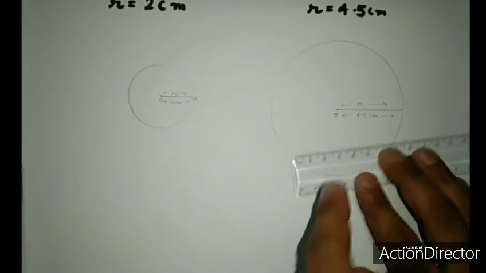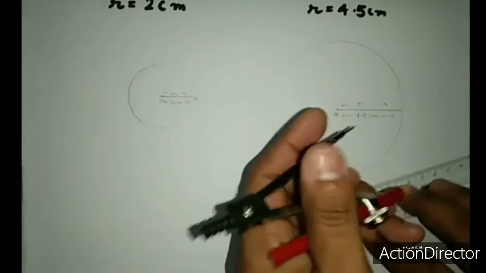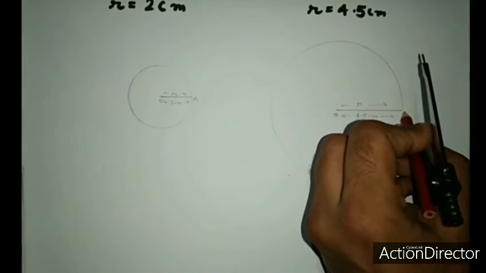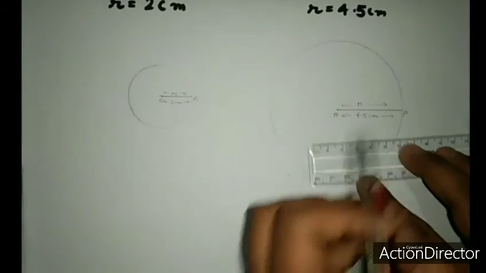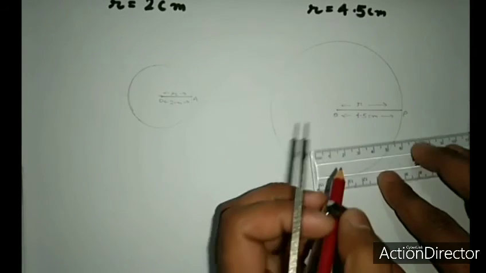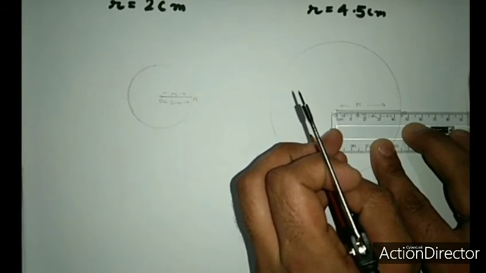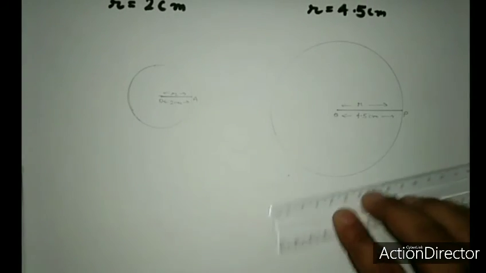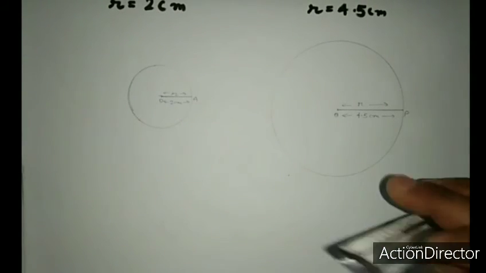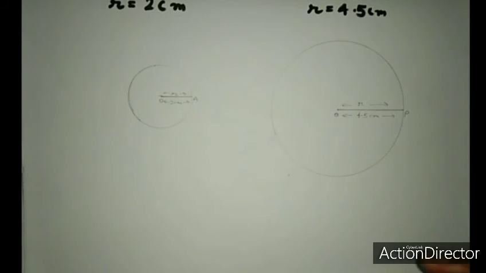You also measure the distance of the line segment O and give the name P to the outside point. So here we get 4.5 centimeter. And what is the length of the diameter?